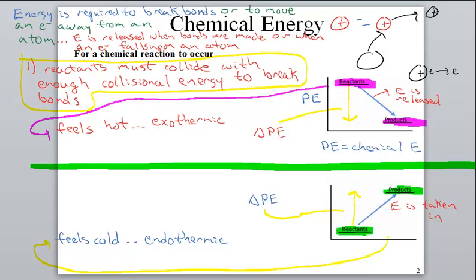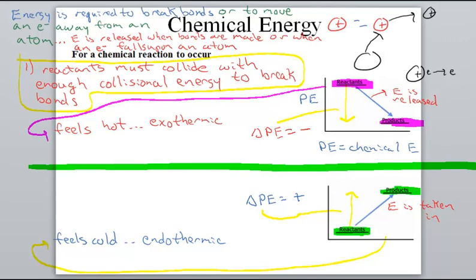For an exothermic reaction, if the potential energy change was given, it would be a negative number. If you had an endothermic reaction and you're given the change of energy, it would be listed as a positive number. So saying that a reaction feels cold means it's endothermic. Saying that the change of potential energy is a positive number means it's endothermic. It all means the same thing.